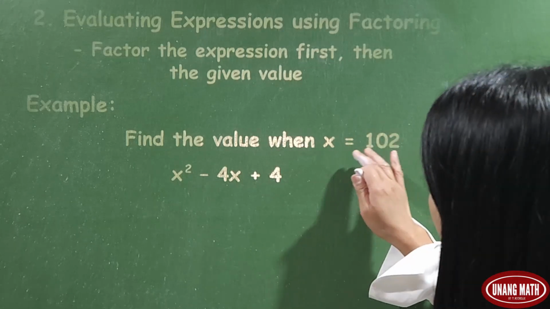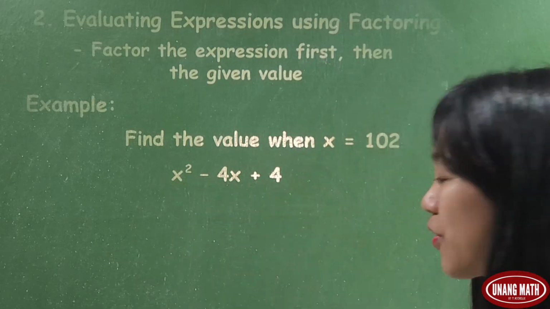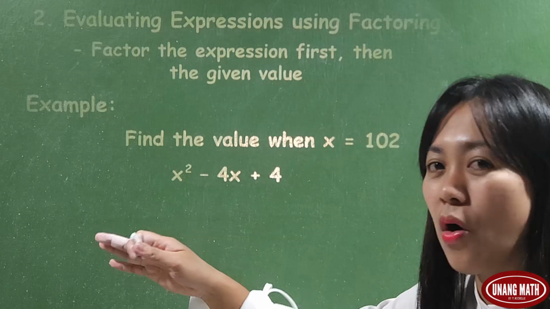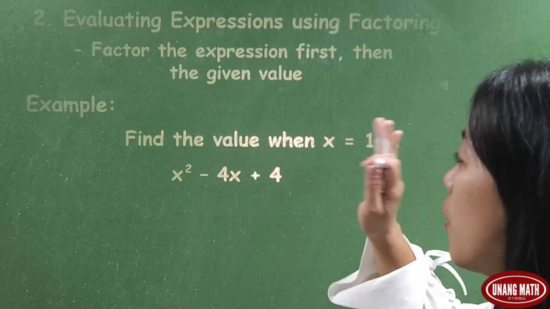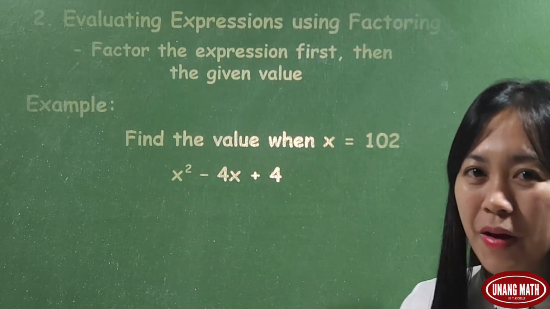Actually, we can directly substitute this value of x in the given expression. But if we do that, it would be a too long and complicated process. So first, we are going to factor this expression.